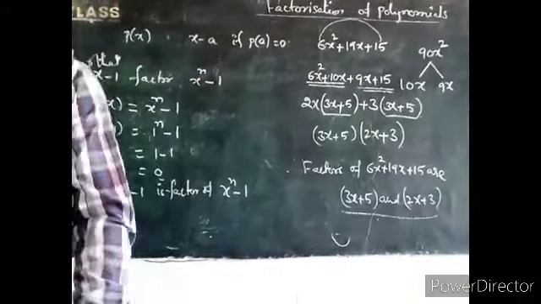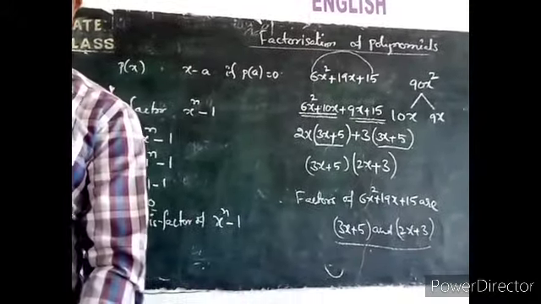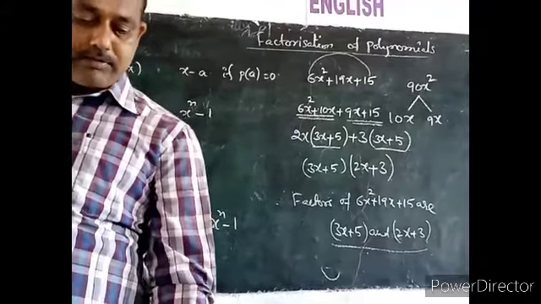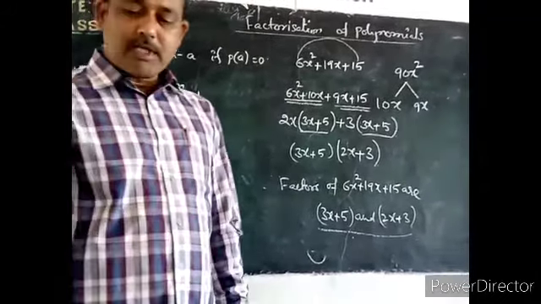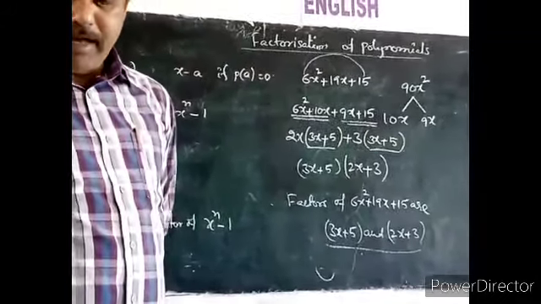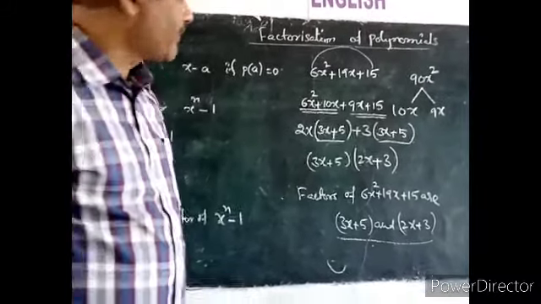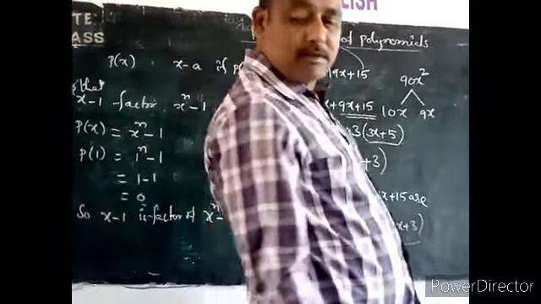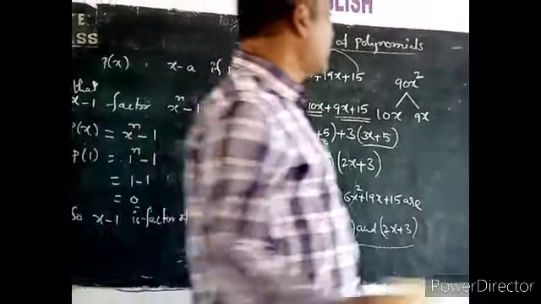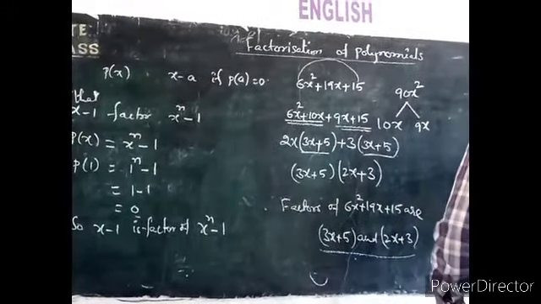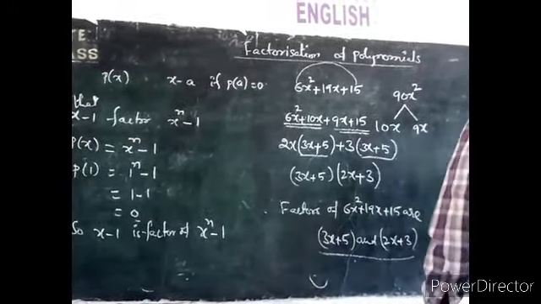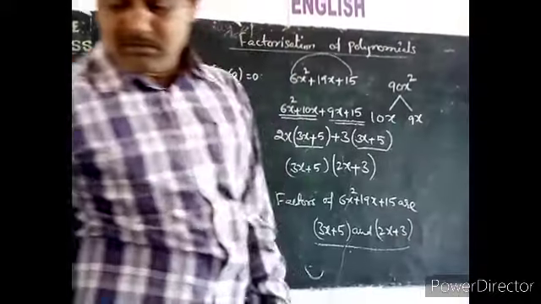Here 2 more problems are there. You should solve that. And next, after that, the exercise. Determine which of the following polynomials has x plus 1 as a factor. There are so many polynomials given. It's not only one polynomial. There is more than one polynomial given, but I am solving only one for you.